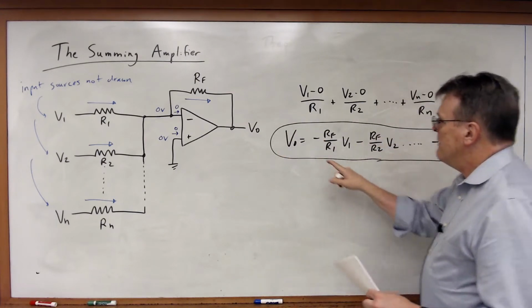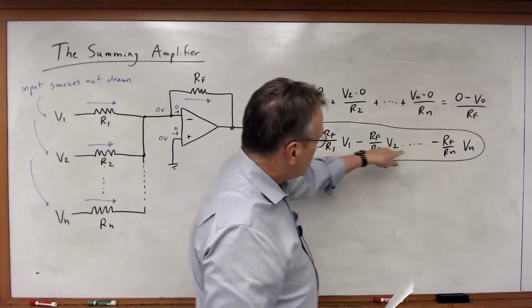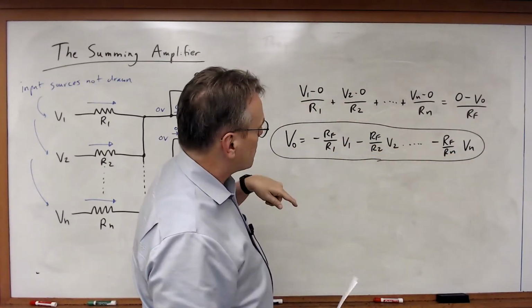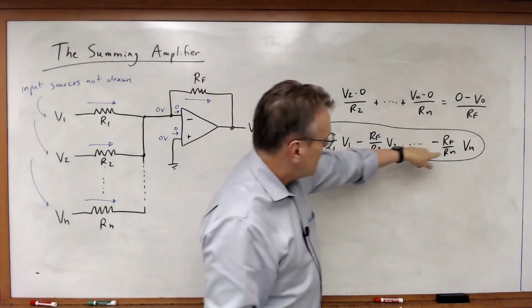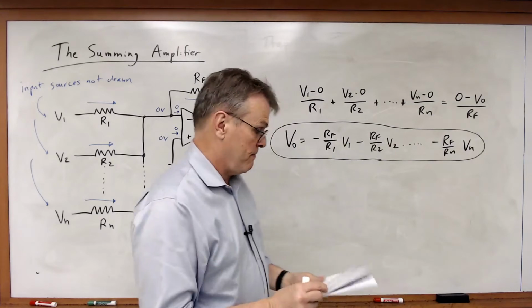So notice what I have here now. I've got a circuit that adds together each of the input voltages, and each input voltage has its own gain factor, its own gain term.